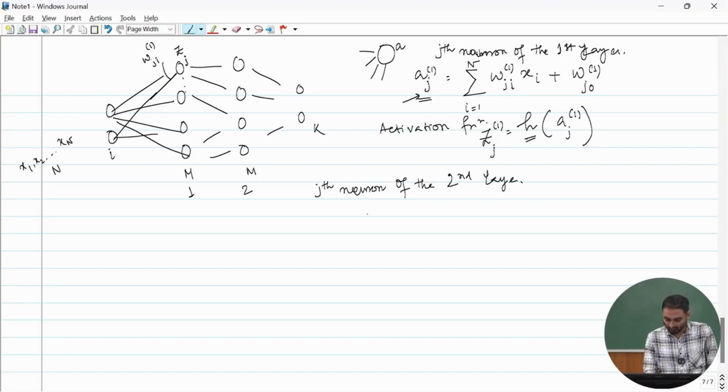For this neuron, what is going to be AJ2? This will be a sum over all M, because there are M neurons which will produce outputs, and all those outputs will be fed to every neuron of the next layer. So m ranges from 1 to M.